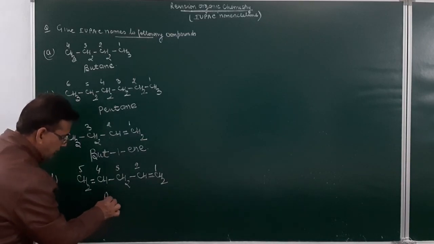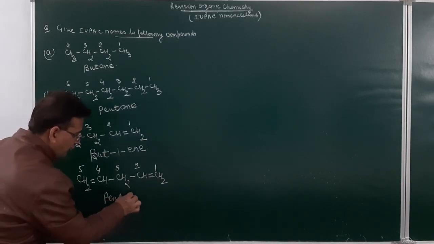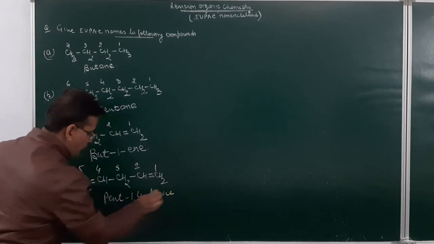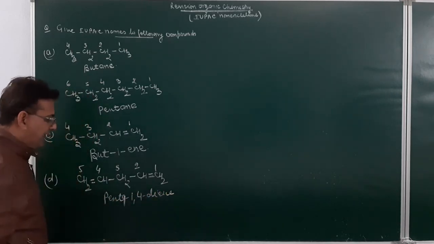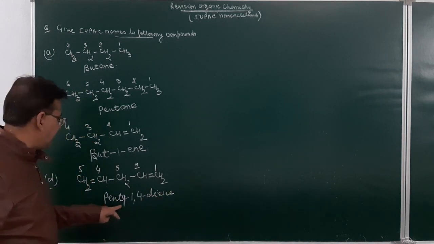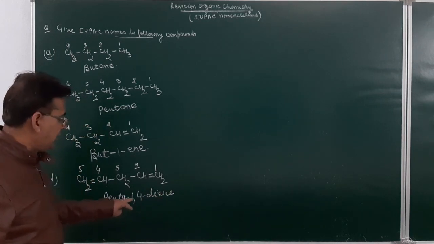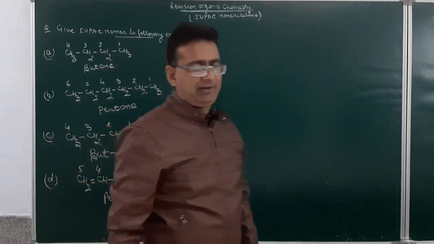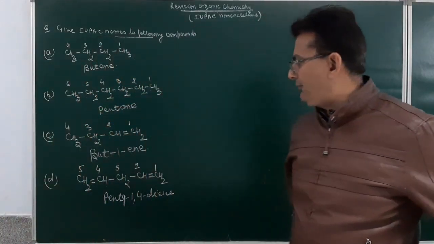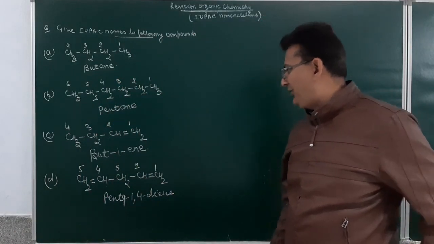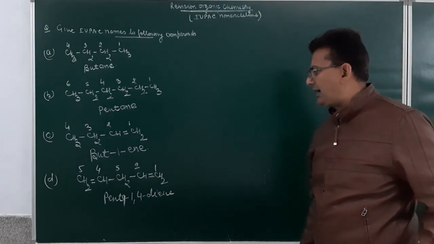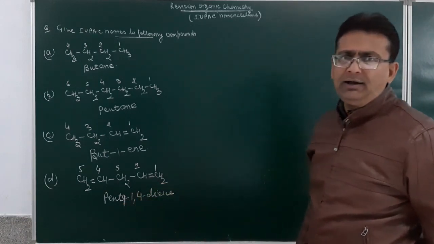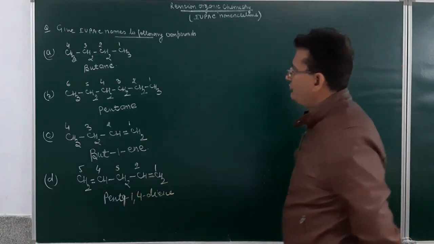This will be pent, then 1,4 and diene, and the name will be penta-1,4-diene. Why have I put A over here? Because the primary suffix begins with a multiplying affix. So, if the primary suffix begins with a multiplying affix like di, tri, tetra, etc., then the alphabet A must be added to the root word.